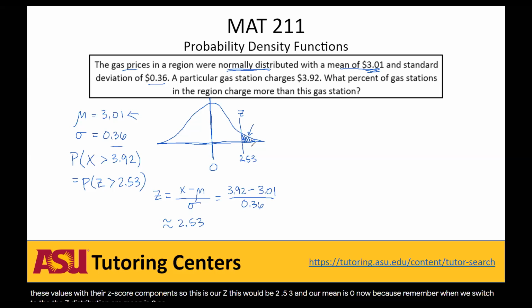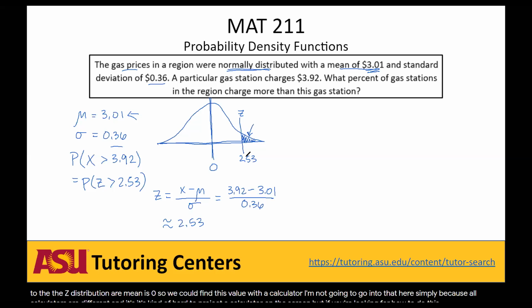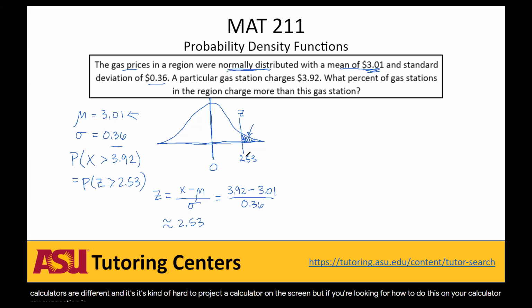So we could find this value with a calculator. I'm not going to go into that here simply because all calculators are different and it's kind of hard to project a calculator on the screen. But if you're looking for how to do this on your calculator, my suggestion is that you type the make and model of your calculator. For instance, I have a TI 84 Plus.